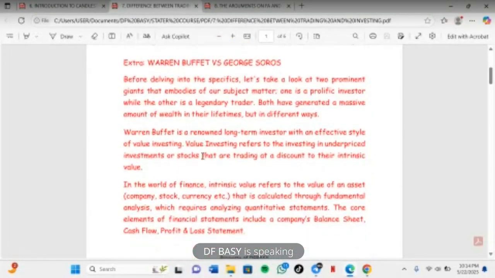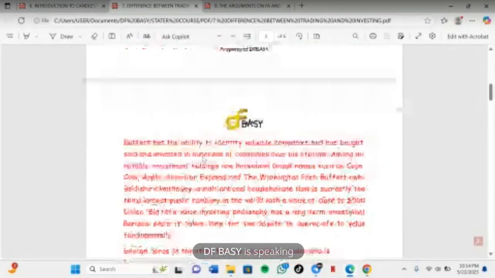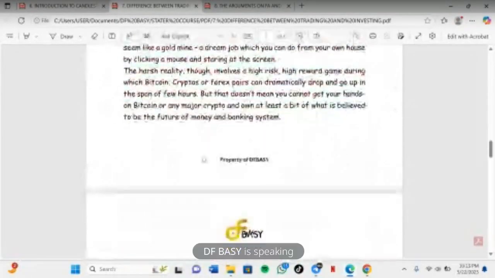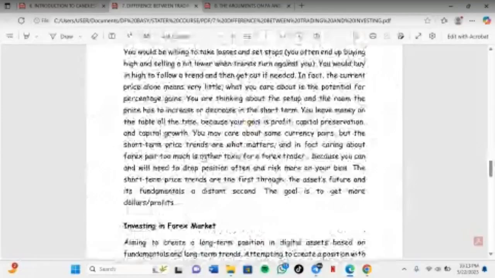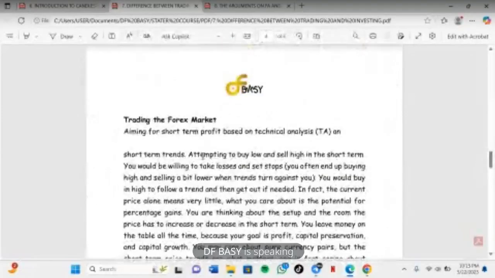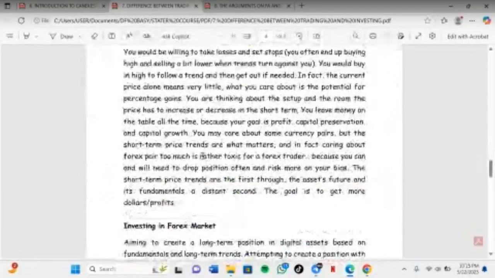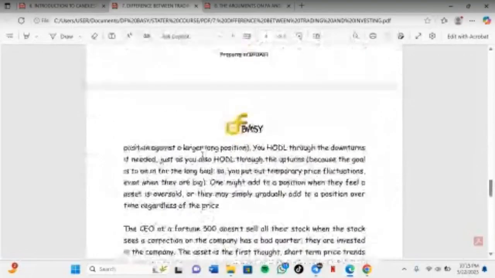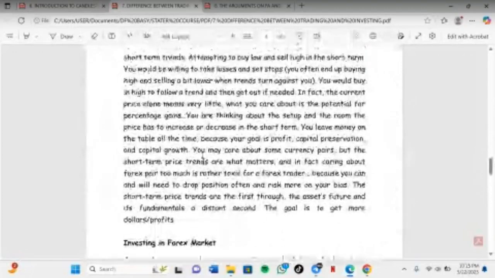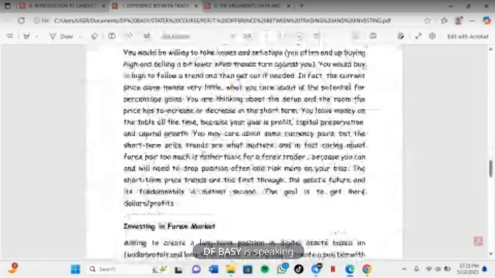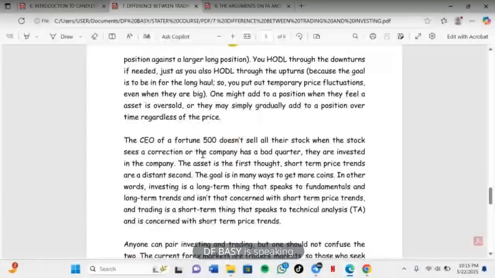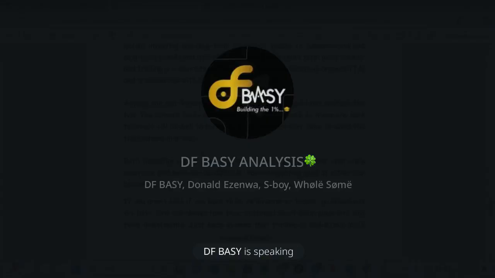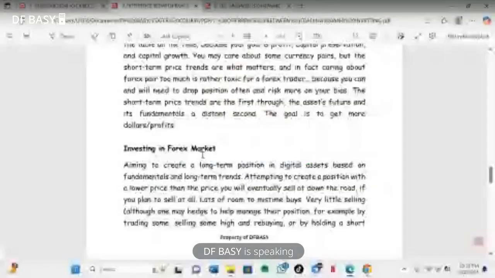Now, in the sense that as an investor, you're aiming to take in capital.